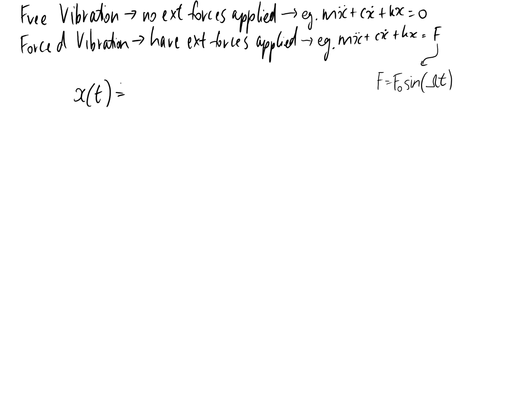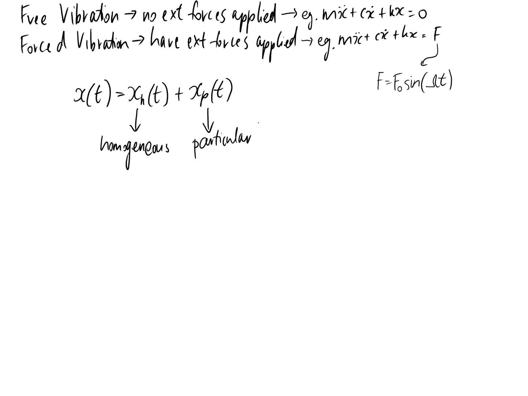And when you have forced vibration, you need to find two components. This first one here is the xh, or homogeneous component, and this one here is the particular component.